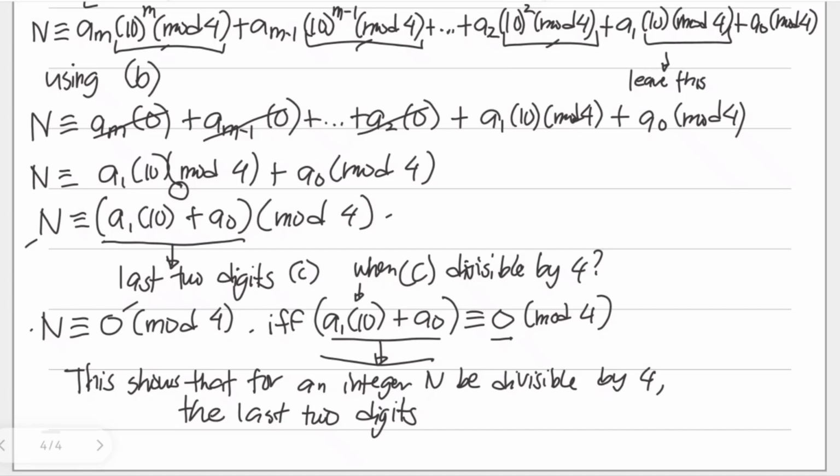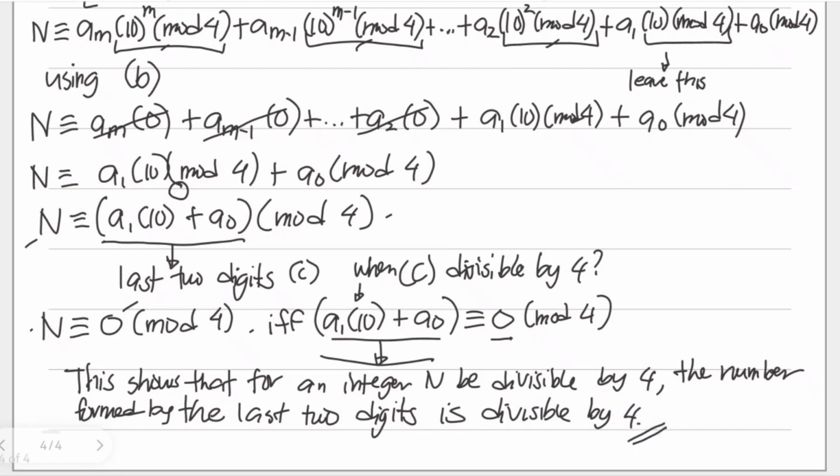This shows that for integer n to be divisible by 4, the number formed by the last 2 digits is also divisible by 4. And this is actually what we're trying to show, what we're trying to verify.